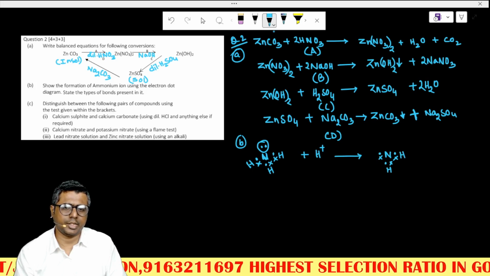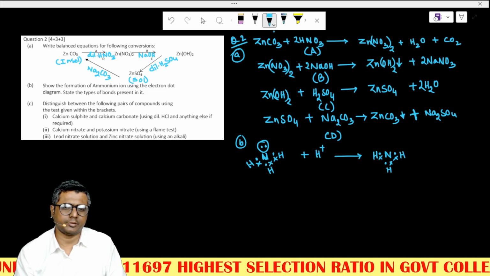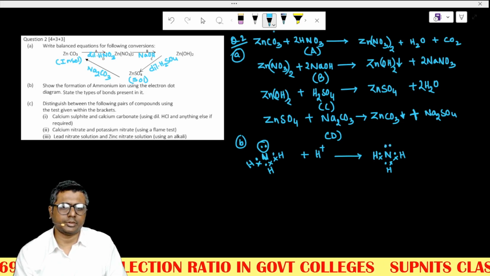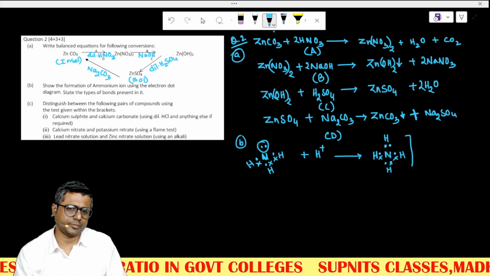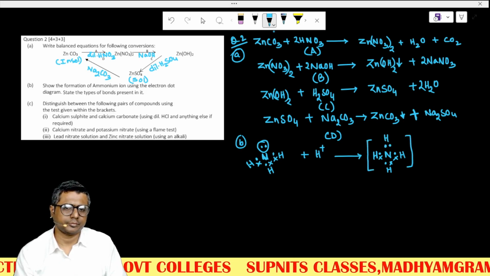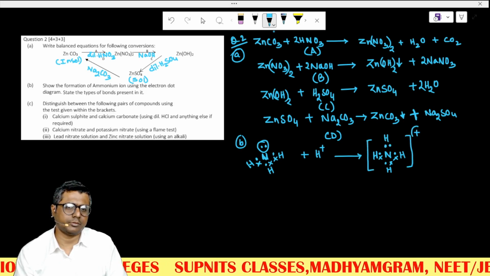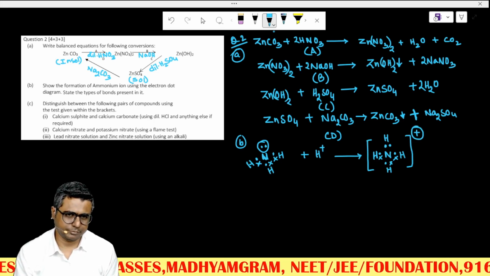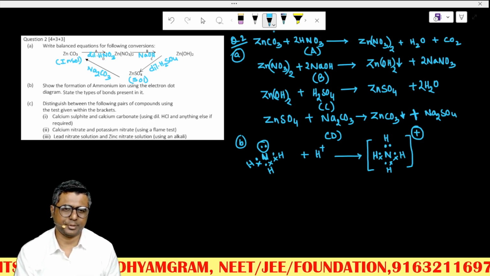I am not a patriot of this dot and cross system. However, it helps students to understand which was the coordinate bond, the one with the similar kind of electrons are the coordinate bond.